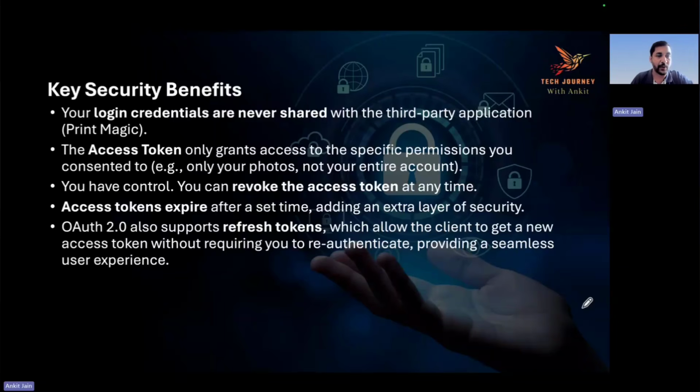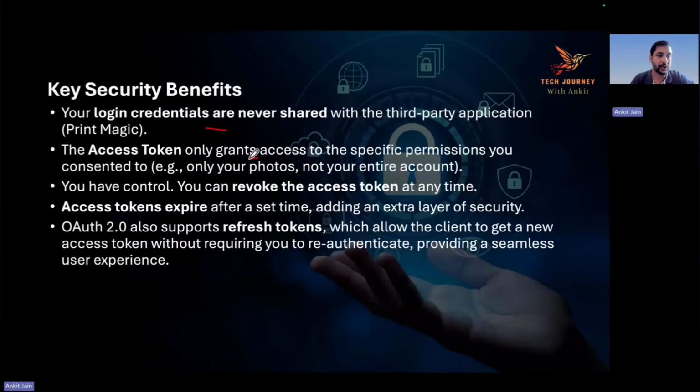Moving to the next point, what are the key benefits that OAuth 2.0 is offering? First one here is login credentials are never shared with the third-party system, right? Access token only grants access to the specific permission that you have consented to. For example, if you have consented to only 2 things out of 5, then the access token will be made in such a way that it will provide access to only these 2 resources out of 5.